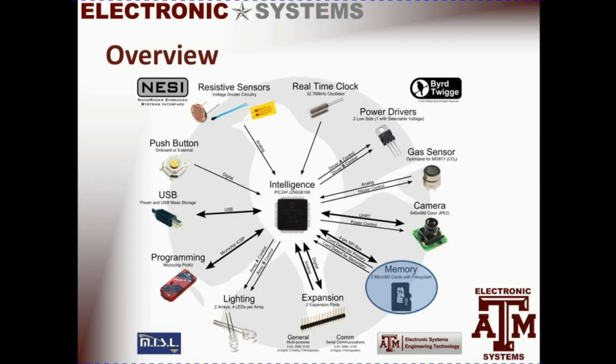The SD cards are used to store data gathered by the microcontroller and use a shared SPI bus. The expansion allows for additional functionality to be added to the NESI board. The lighting allows us to control 2 arrays of LEDs. And lastly, a PIC kit is used to program the PIC24.